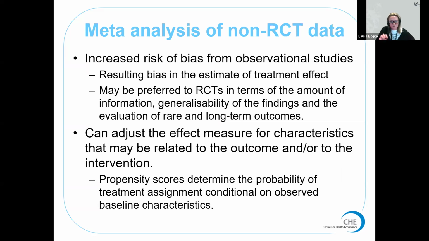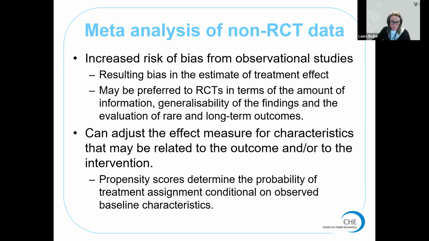Within a meta-analysis framework, we can adjust the effect estimate for characteristics that may be related to the outcome or the intervention. So here we're looking at causal inference methods, and in particular, we can try and adjust for things. Usually we can't identify instrumental variables, which would be the preferred approach, but often in this context, propensity scores might be used to try and reflect those between study differences that we want to incorporate within observational data sets.